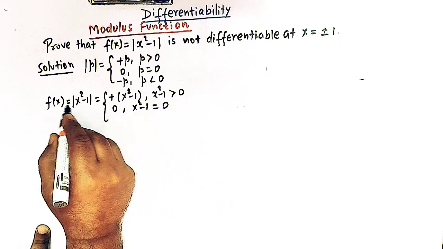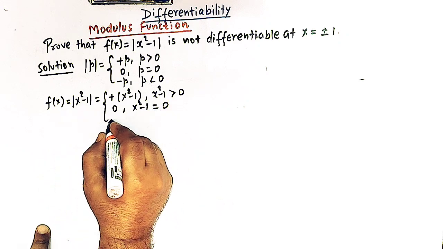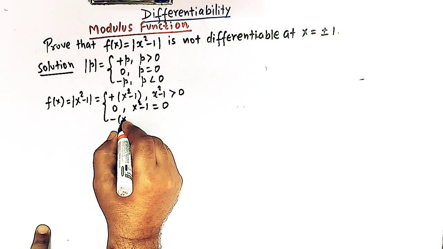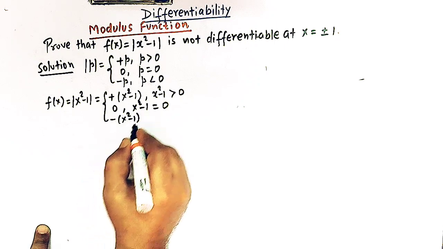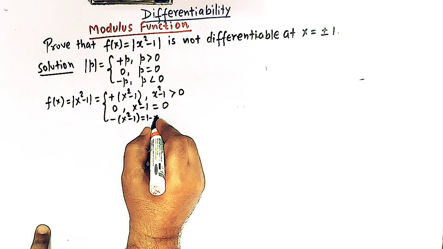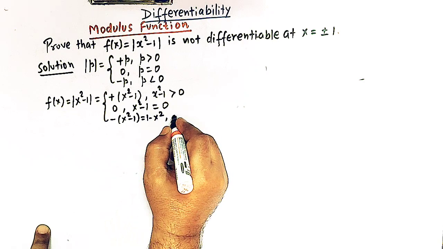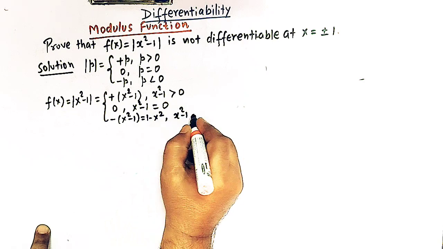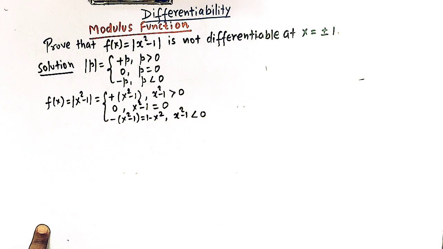And here mod of x square minus 1 is equal to negative of x square minus 1, that is 1 minus x square, when x square minus 1 is less than 0, right?